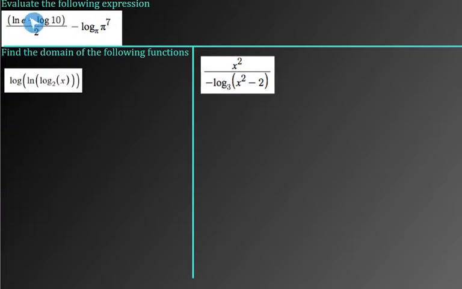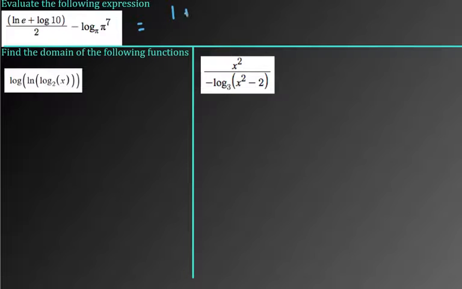Starting off here, natural log and e are inverse functions, and so these will cancel out and give you the exponent that's right here, which is a 1. So that's a 1. And then log 10, when we don't write the base, it is base 10, it's the common log, and it's the exact same thing.